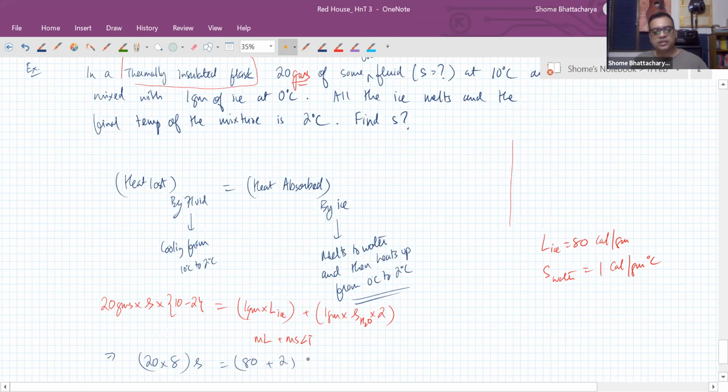So this side, it's in calories, and this is gram degree C. Okay. So I'll get S in calories per gram degree C. So I don't need to convert units and all that. I can just leave it this way.